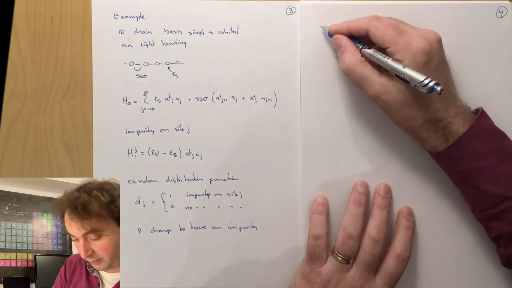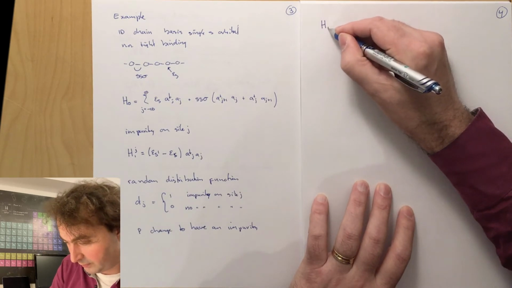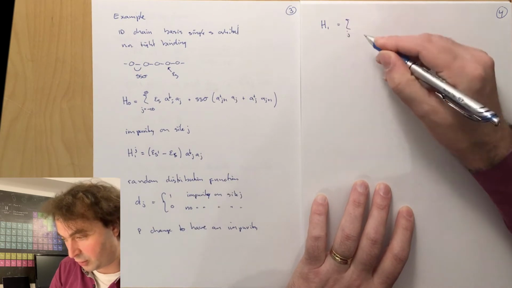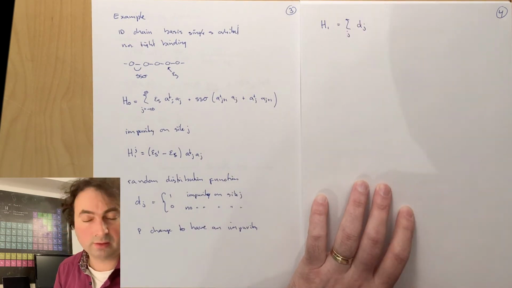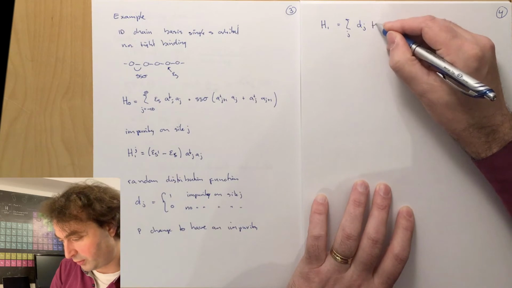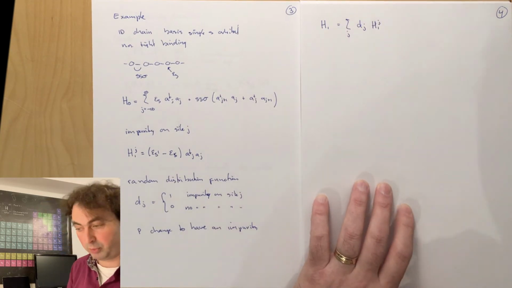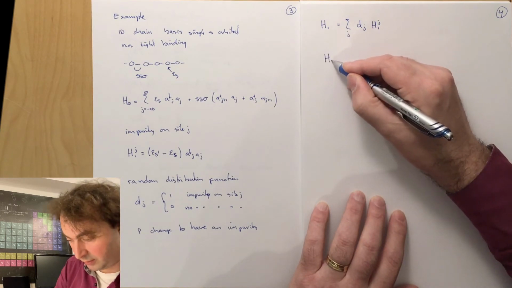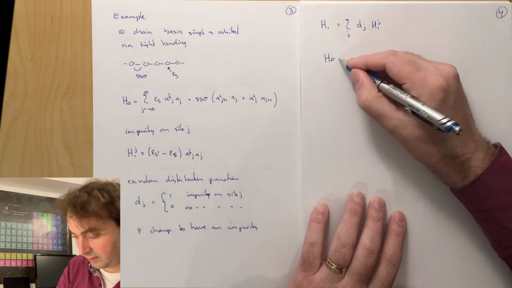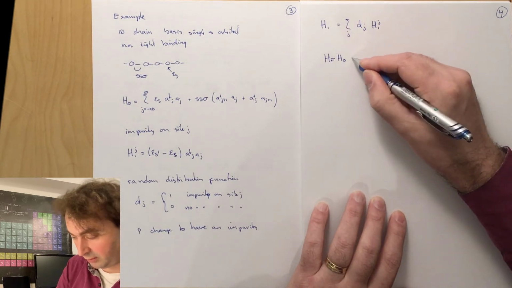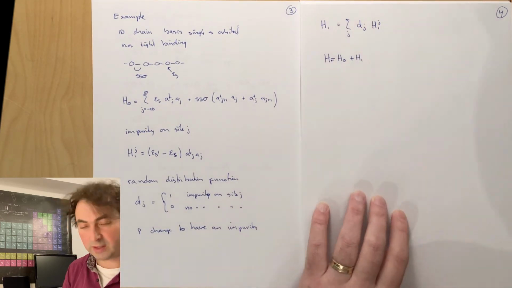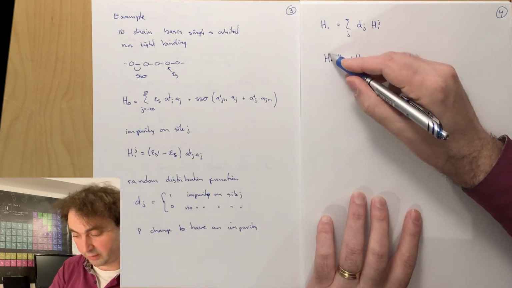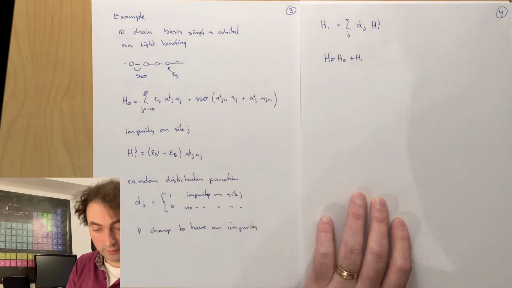With that, we can define our full Hamiltonian of the impurities, given as a sum over all sites times the distribution function times the Hamiltonian of having an impurity on site j. And the Hamiltonian of our lattice is the bare Hamiltonian without impurities, plus the Hamiltonian that tells you how an impurity brings you from the full Hamiltonian without impurities to the Hamiltonian with impurities.